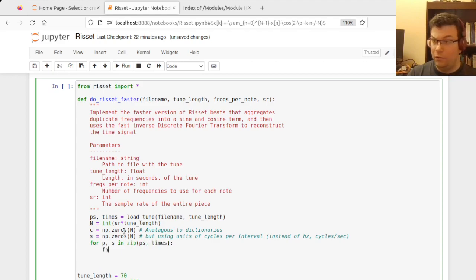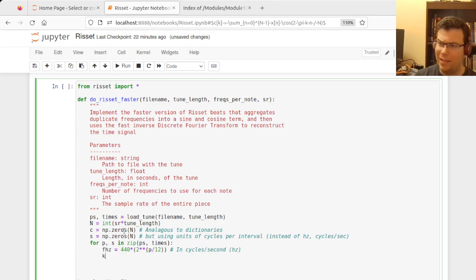And the first thing I'm going to do is compute the frequency in hertz. So that'd be 440 times 2 to the p over 12 for the equal temperate scale. But this is in hertz. I need to convert this into units of cycles per interval. And so in order to do that, I'll call this center for my center frequency.